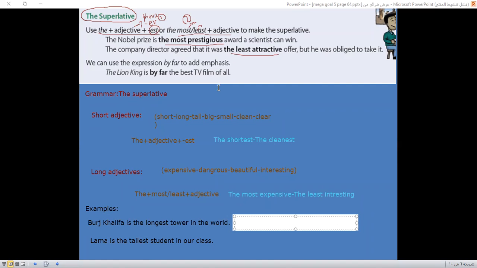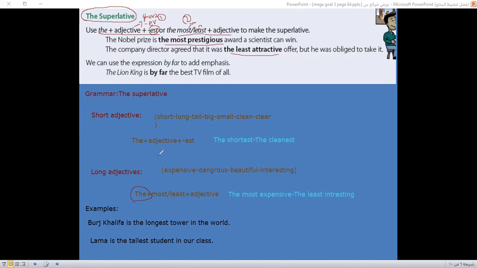Come on, Dania. It's okay, honey. The most oldest. Which thing is the most oldest? We don't say the most oldest. We say the. Look at the form here, Dania.